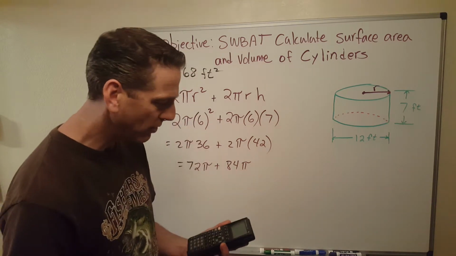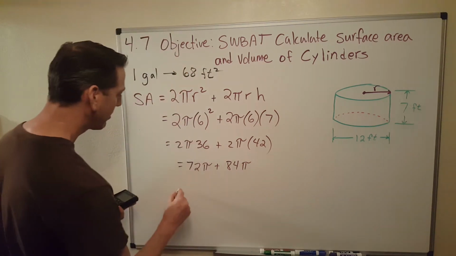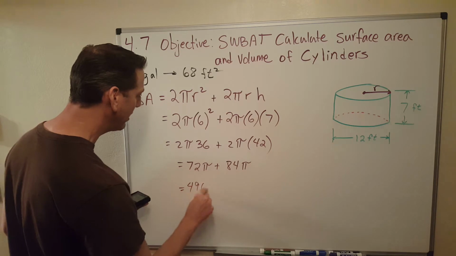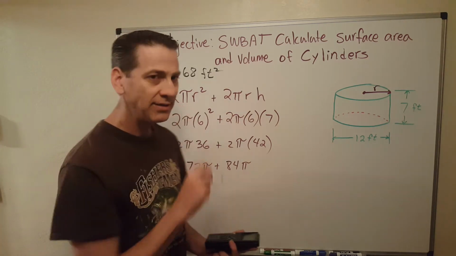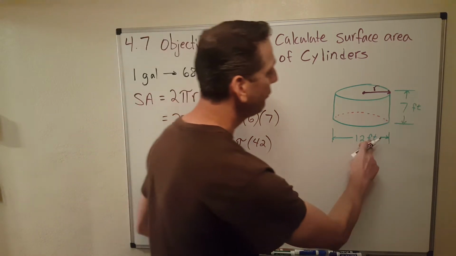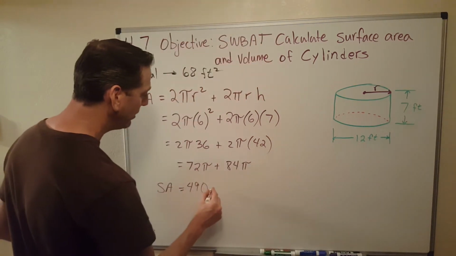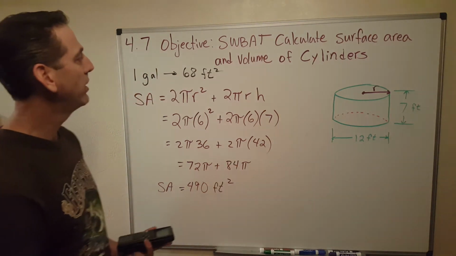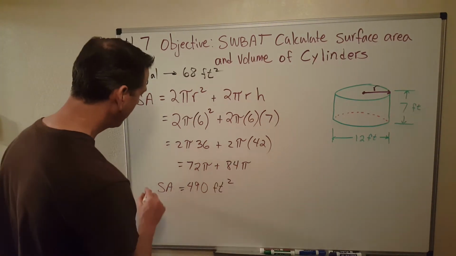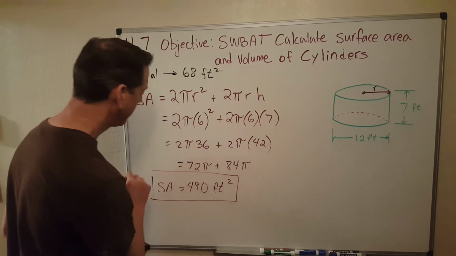I'm just going to round it. So 490 is my total surface area, and we're dealing with feet here, right? So that would be feet squared. There's my surface area.